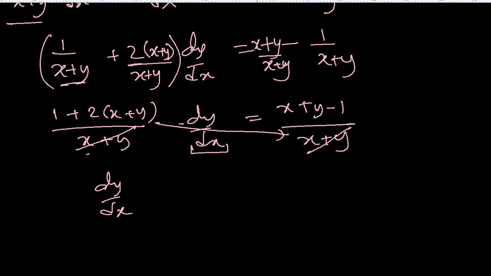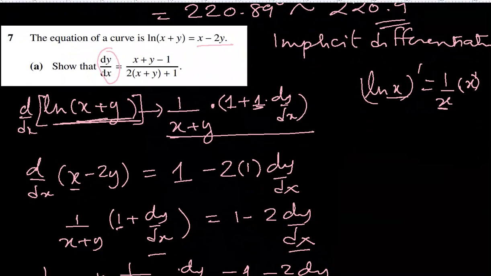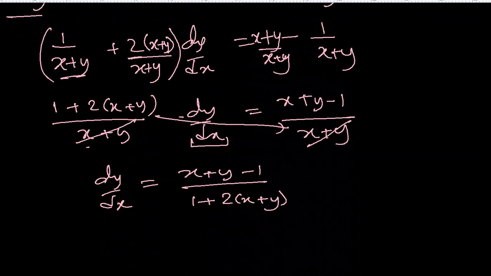By cross multiplication, this one goes and takes the place of denominator here. So x plus y minus 1 remains numerator, but 1 plus 2(x + y) becomes denominator. Is it the expression they wanted us to write? And exactly, x plus y minus 1. Only the placement of 2(x + y) plus 1 is different, but by the commutative property of addition, you can write anything anywhere. That's good. We got it.